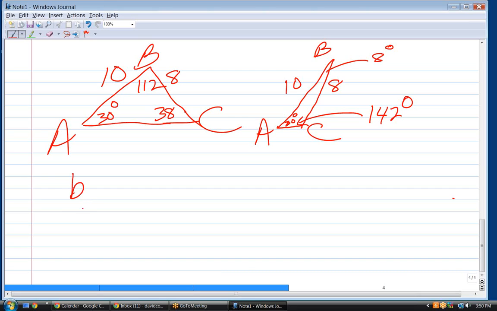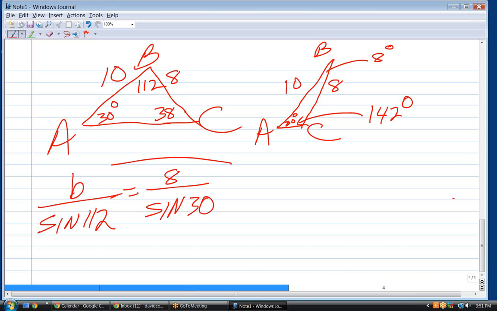C over sine 112 equals 8 over sine 30. And the reason I write it like this is I always want my unknown to be in the numerator.